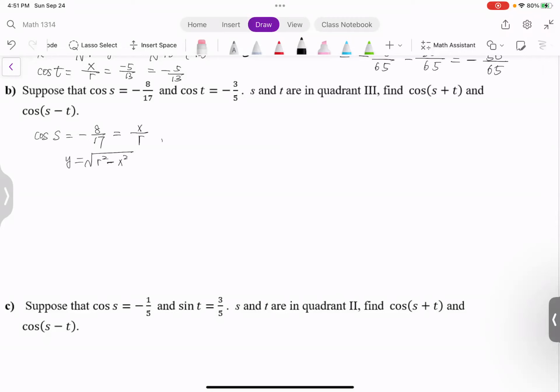And in which quadrant? Third quadrant, remember, you must have a negative value of y. So we have negative square root of 17 squared minus negative 8 squared, because our x is negative 8. What is this? If I use my calculator, I will find this is negative 15.